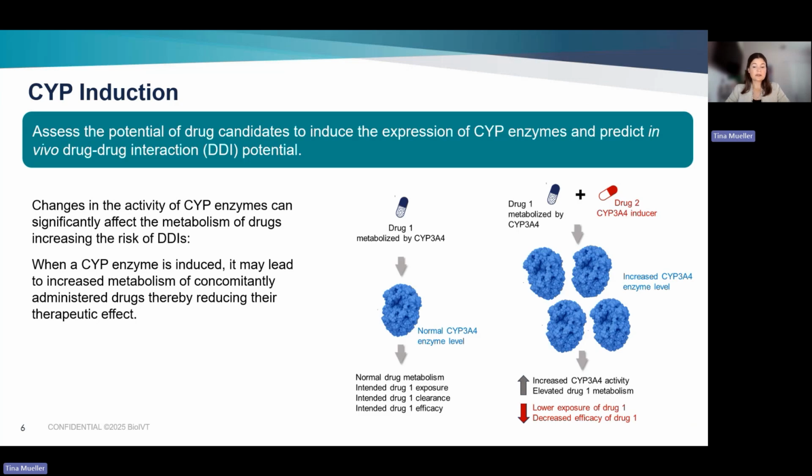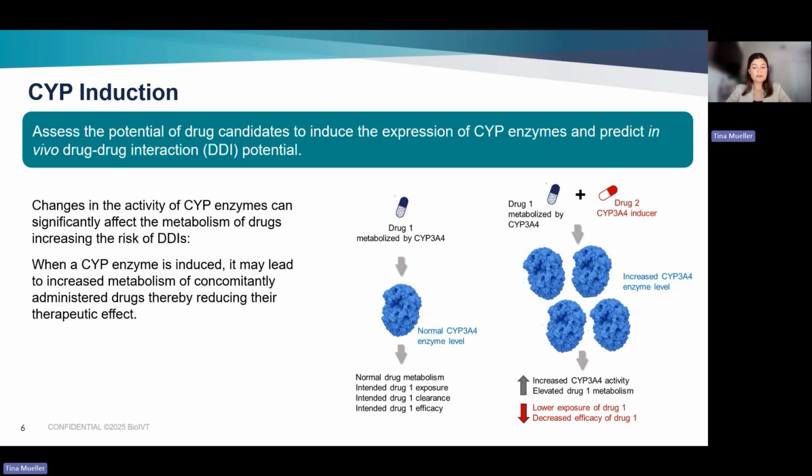Now, this simple figure illustrates that principle. On the left, we have the situation under normal conditions. A patient takes a drug which is metabolized, and in this example, let's say it is mostly metabolized by CYP3A4, and the exposure, clearance, and efficacy is as predicted and intended.